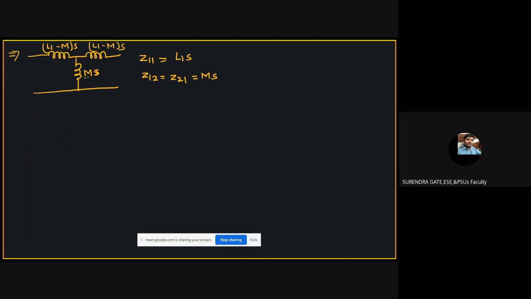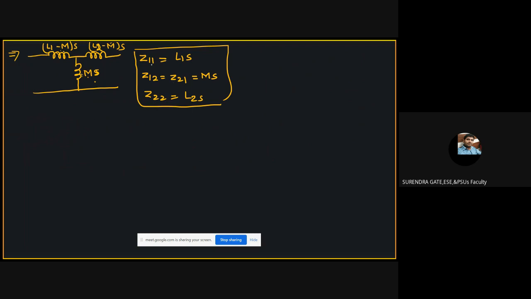What is the Z22? Z22 equal to this plus this. This is L2 minus M into S, and this is MS, then you can get L2 into S. Okay, like this you can calculate Z11, Z12, Z22.